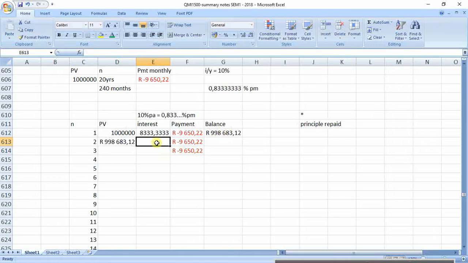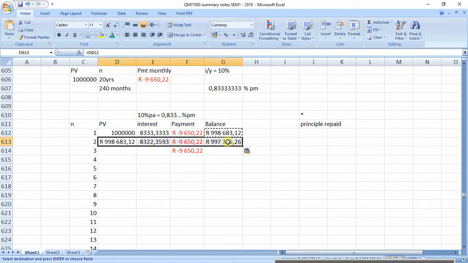Then the present value would be this, and then interest would be calculated on that. And then the balance there would be that figure. So you can see it's amortizing. Amortize means pay off the loan. You can see it's decreasing little by little.